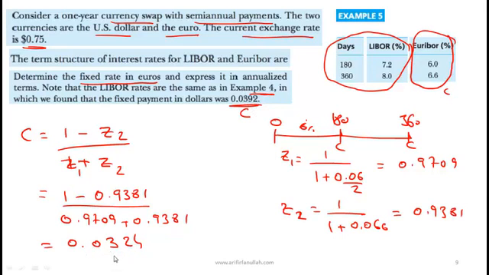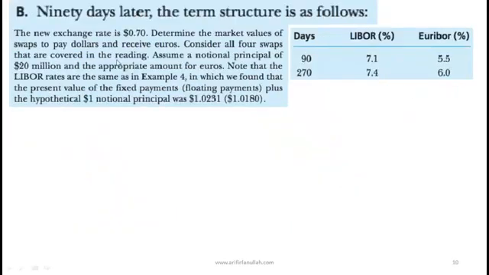Does it make sense that the euro party is paying less? It makes sense because the euro rates are lower in this example. What do you think will happen in the next part of this question? So what sort of a currency swap was this, the one we just did? Fixed. Okay, so now multiple things are happening here. 90 days later, the term structure has changed.